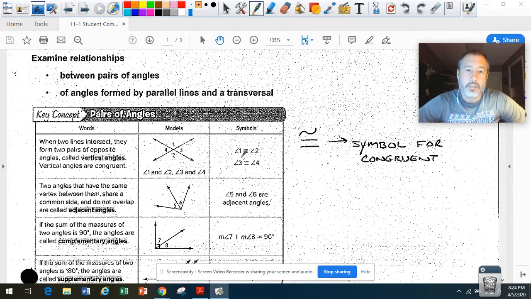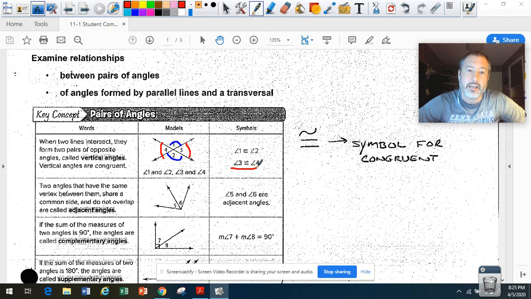So if we take a look here, it says angle 1 is congruent to angle 2. Do you see the angle symbol we have here? That's one of the symbols you need to understand. This angle symbol means that we're dealing with an angle. So angle 1, this angle here, is congruent to angle 2, which means they are equal to each other. And we also know that angle 4 is congruent to angle 3.